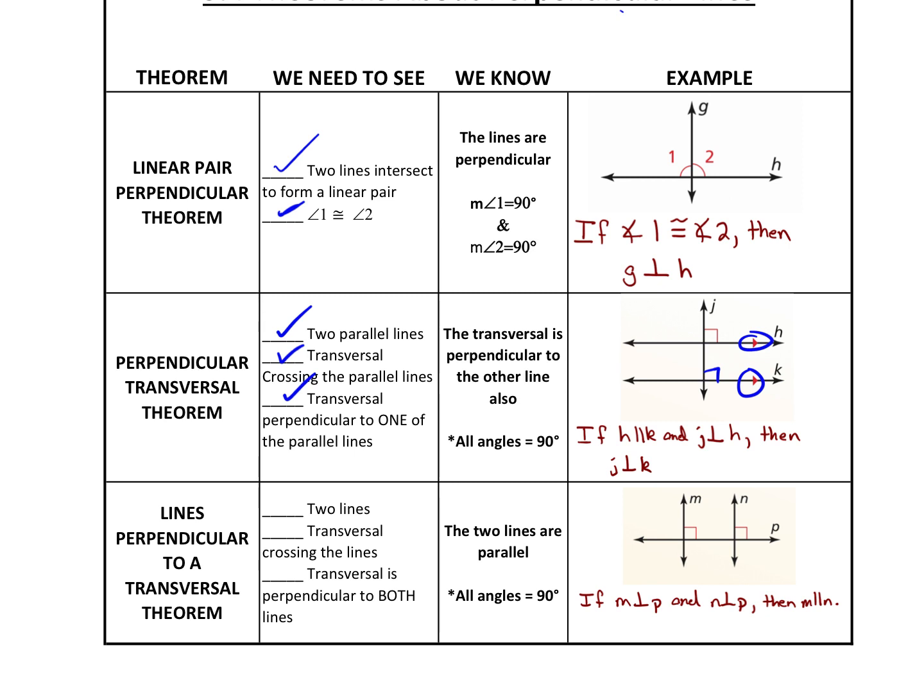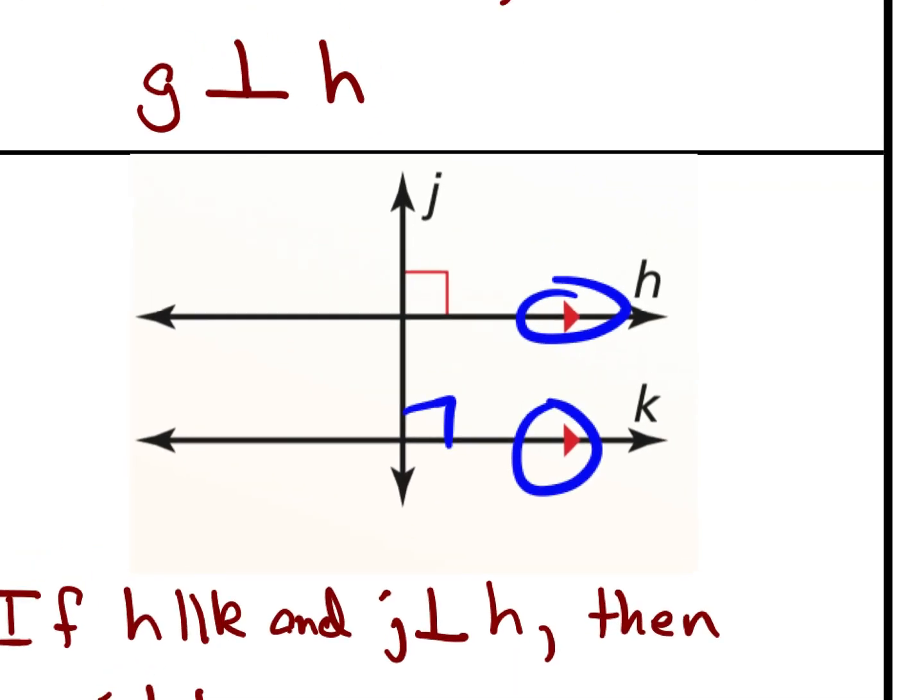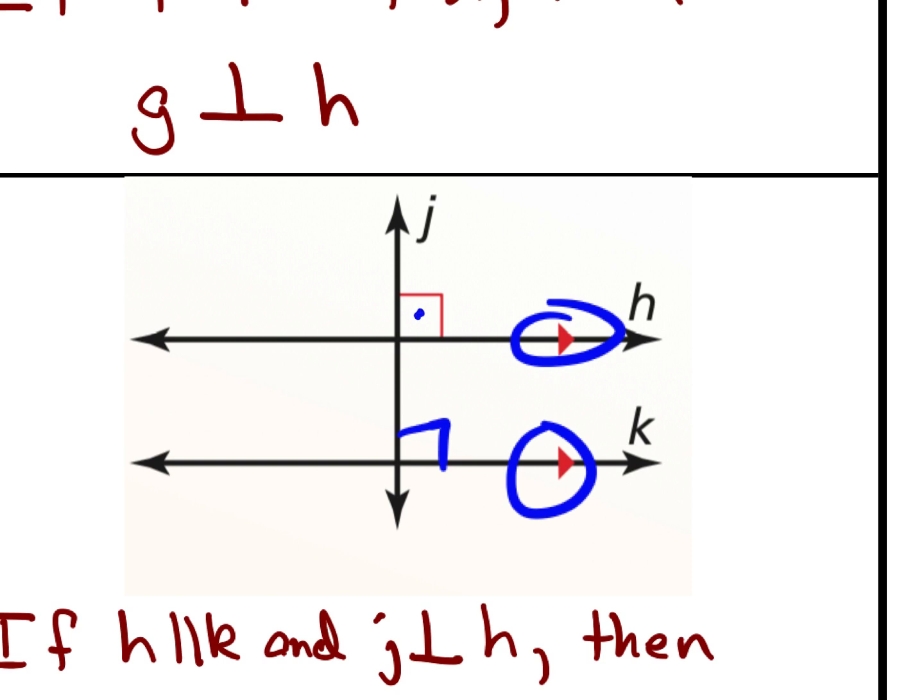All right, and if you just think about it, parallel lines are always the same distance apart, correct? So they're always the same angle. So if one's tilted like this, the other one's going to be tilted like that. So if you have a straight line going through it, it's going to make the same angles on each one. Okay. If I zoomed in here, what kind of angle is this one and this one?